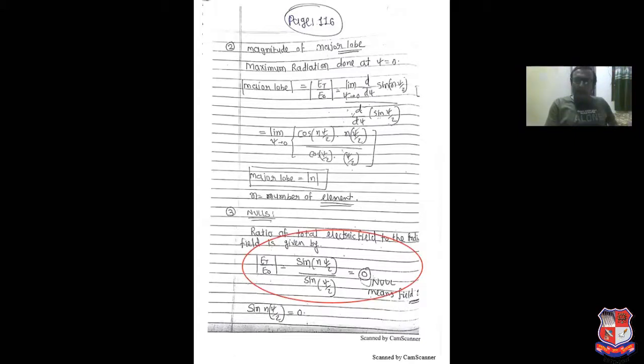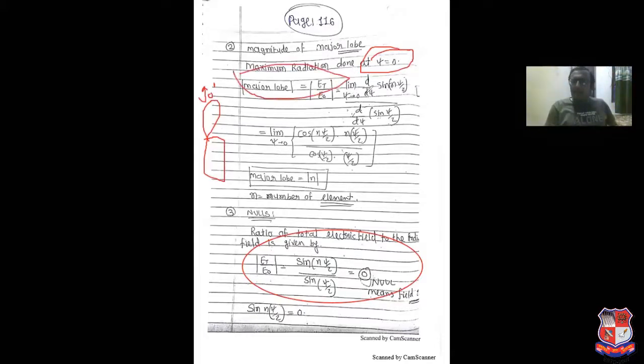Maximum radiation for this particular array is like that. Here 90 degree and here 270 degree. So here angle ψ is equal to 0. So major lobe equal to Et divided by E0. See, this is the magnitude of major lobe.